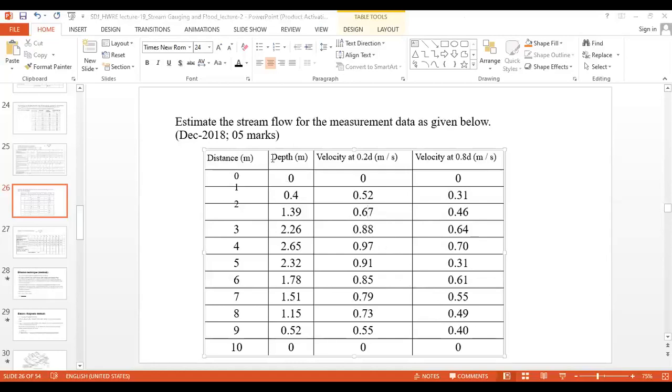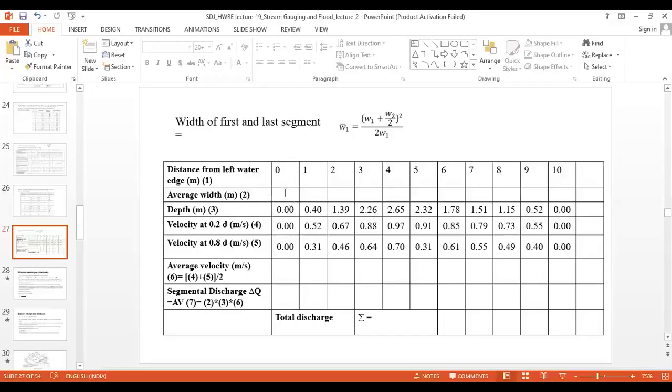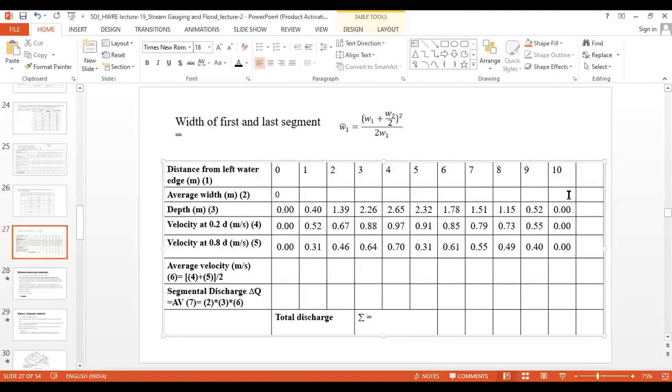For finding the area, you will be required to find out the average width. Depth is given, so B into D will be the area, and the product with the average velocity will give you the discharge. There was one query raised: in the solution part you will be required to find out the width. The first will be 0, and the last one will also be 0.